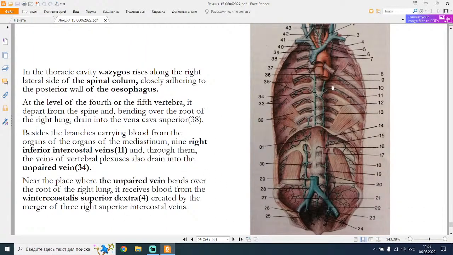In the thoracic cavity, vena azygos rises along the right lateral side of the spinal column, closely adhering to the posterior wall of the esophagus. At the level of the fourth or fifth vertebra, it departs from the spine and bends over the root of the right lung, draining into vena cava superior.